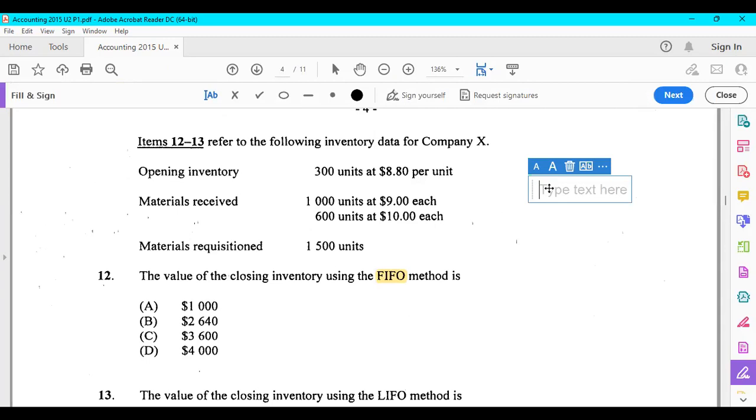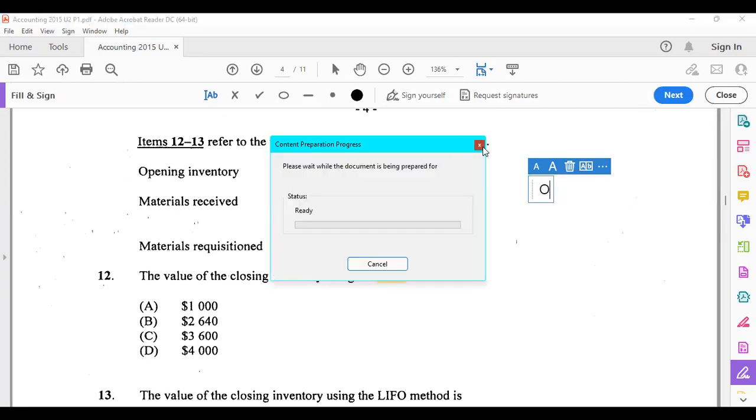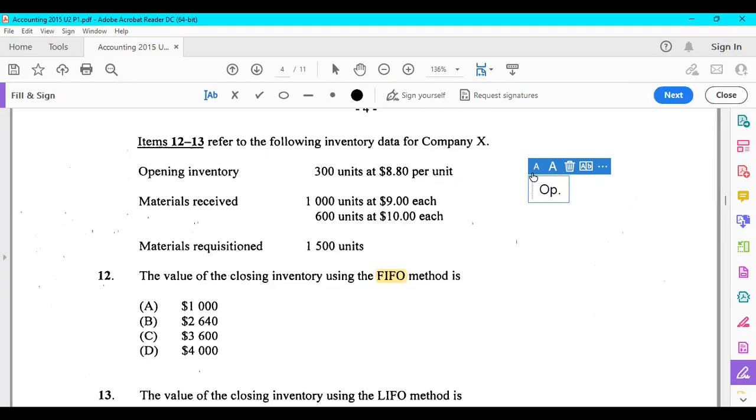So this is opening. I don't know why this thing is working against me today. I'm just going to write out the figure. So opening 300 at $8.80, that is 2,640.